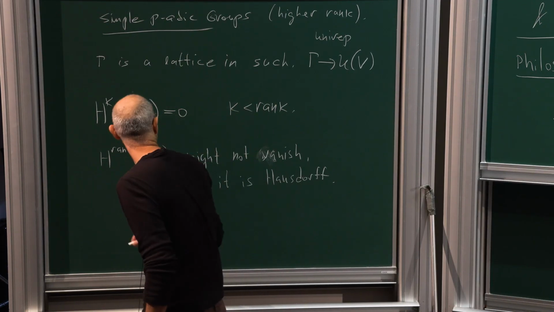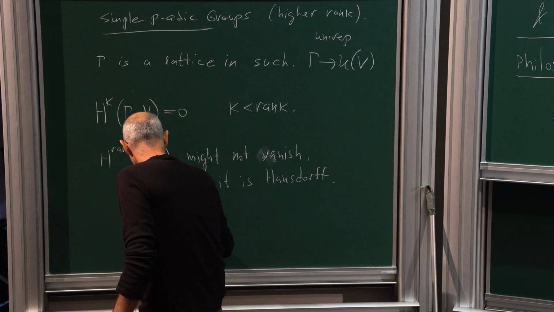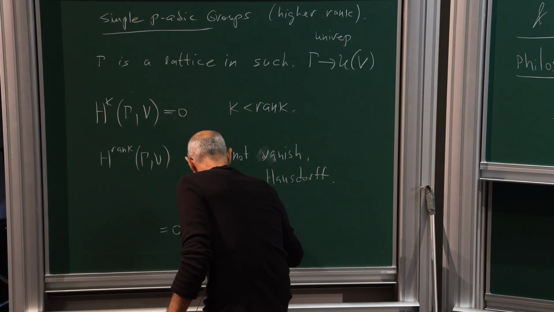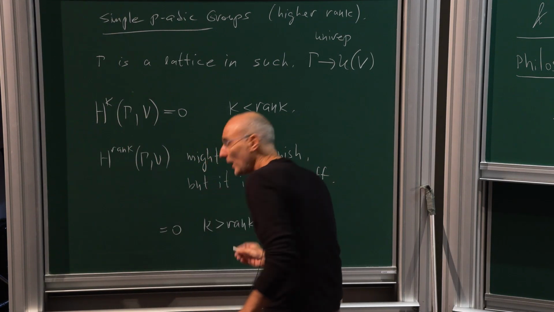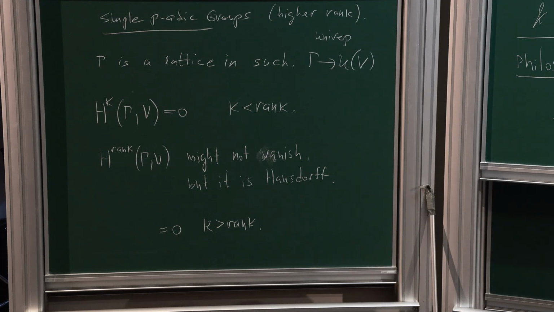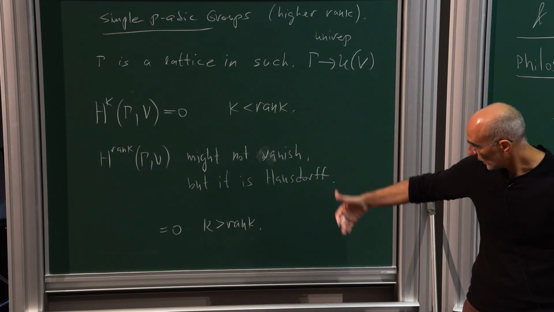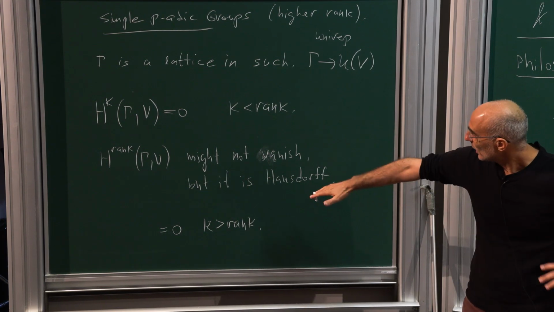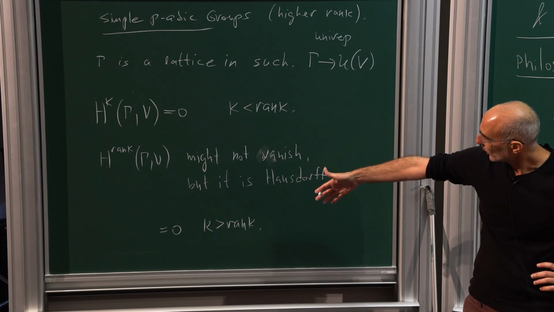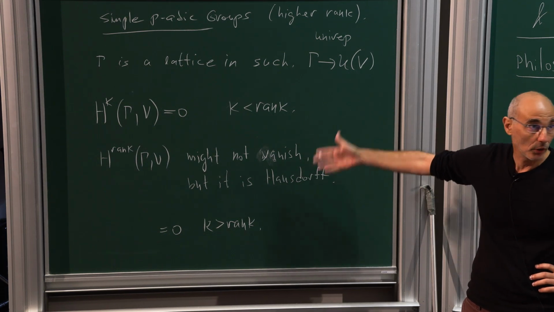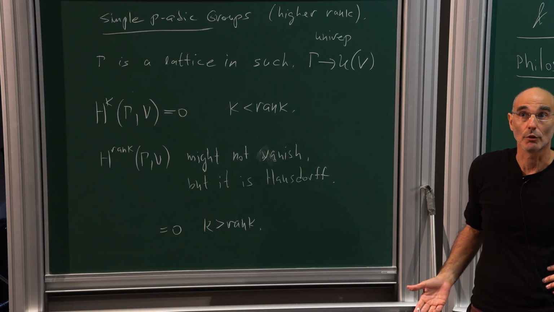And above the rank, you again have vanishing by what I said earlier, basically by cohomological dimension. The Bruhat-Tits building has dimension the rank of the group, and it is a contractible space on which the group acts. So you don't expect cohomologies over this dimension, not only for unitary, but for arbitrary coefficients.